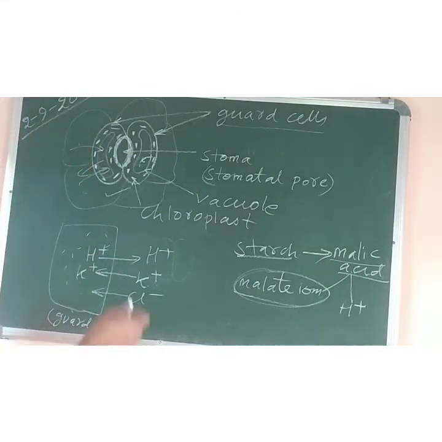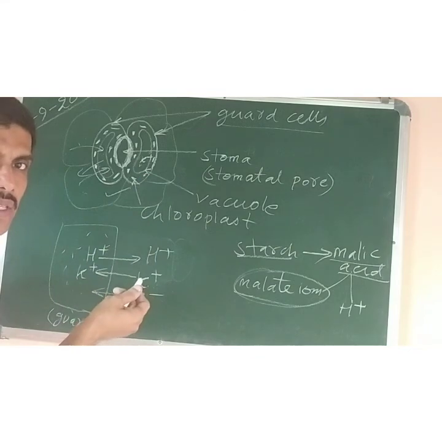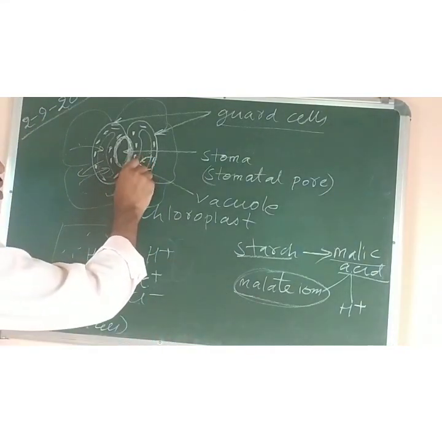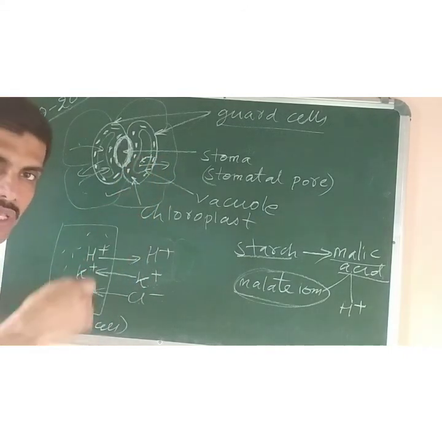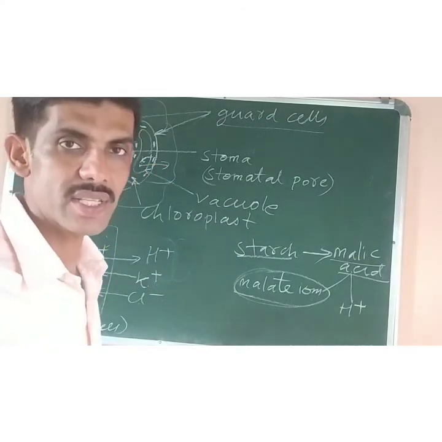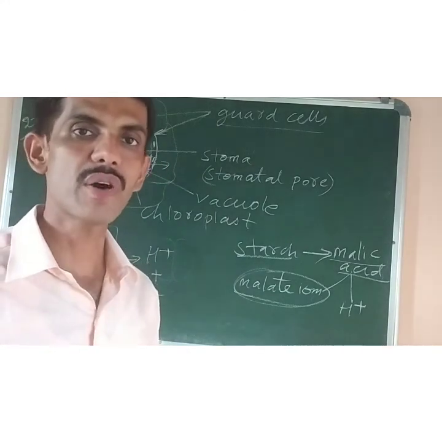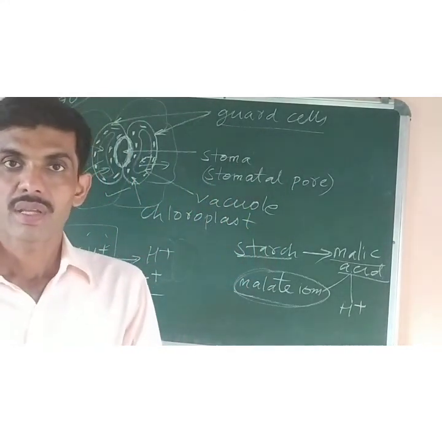That is, there will be plenty of water and fewer ions. The water molecules will move outward into the subsidiary cells, and once they go outside, the guard cells lose their turgidity, that is, they become flaccid, and this leads to the closing of the stomatal pore. Okay, so got it?